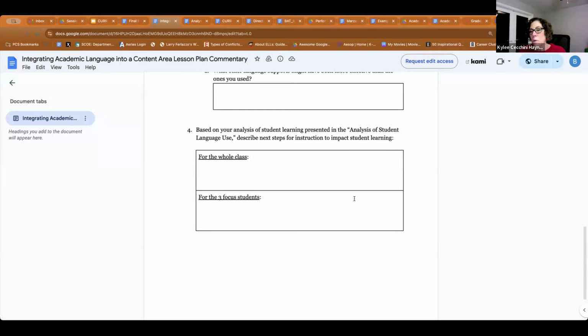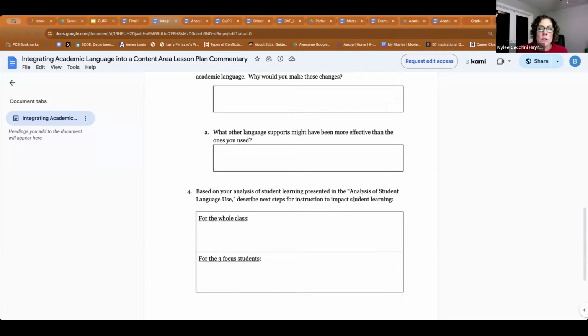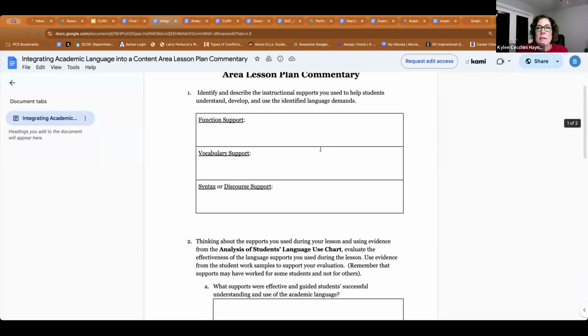Like, for the whole class, what might you do? And then for the 3 focus students, what might you do? Okay. Again, why am I doing this? Because they have you do it on the EdTPA. That's all. So as bulky and onerous as this is, we're giving you a peek into it.